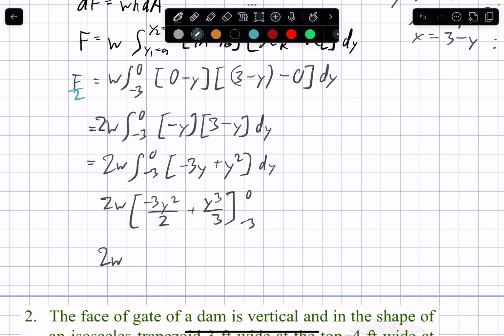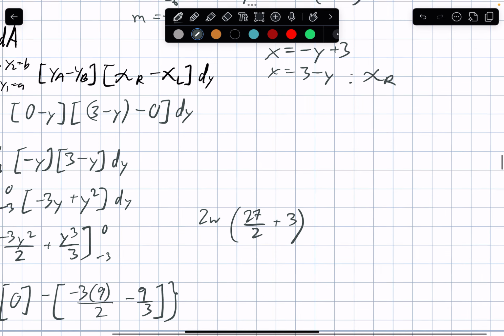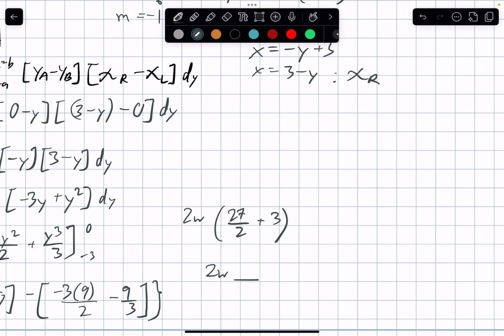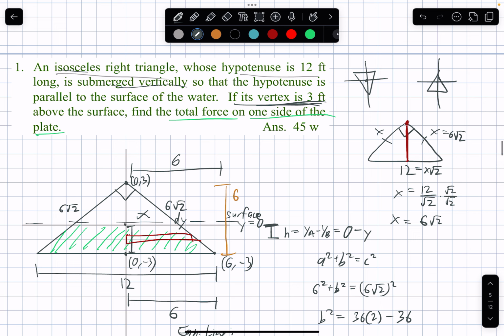So 2w, 0, no? -3 times 9 over 2 plus the 27 over 3, 9 over 3. 2w times 27 over 2 plus 3. LCD 6, 33. 33w. Are we on the right track?